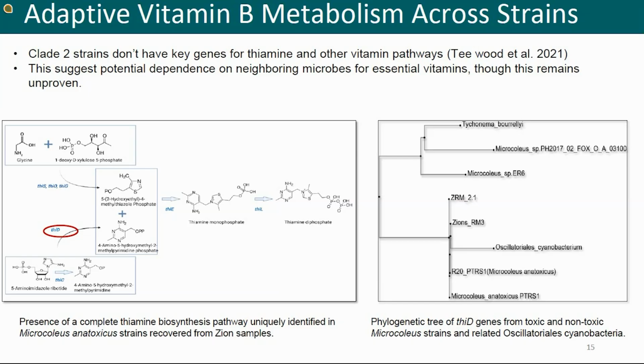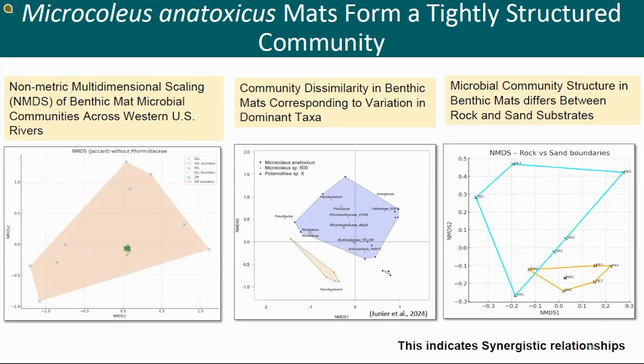So now we come back to the same question: is the microbial community which can help these Microcoelius mats to proliferate the same or not? For that, we did a little bit of NMDS clustering, where we clustered the samples from our 3 rivers together and found that the taxonomic makeup is almost the same in all 3 rivers.